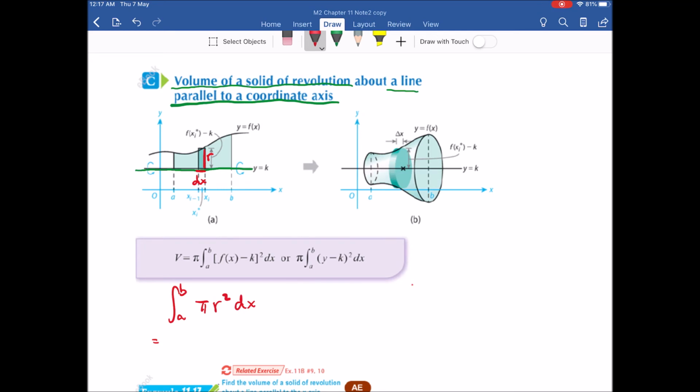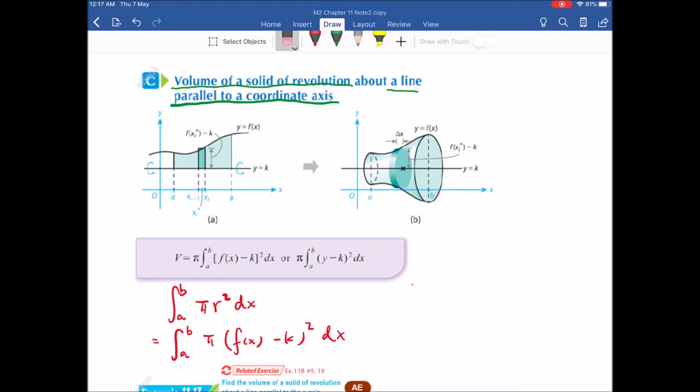And now what is y? Pi, this is the corresponding y, but this y is a little bit different because this is y, and this is also y. But this is k, okay. So this r is f(x) minus k, okay. So integrate from a to b pi times (f(x) minus k) all squared dx. Do you understand? I repeat here.